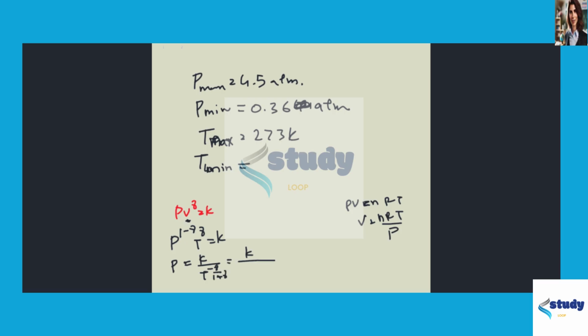So we can flip this over and write it as P equal to T^(gamma by (gamma minus 1)) over K. Now, if you see this, you can see that the larger the pressure, the larger the temperature.